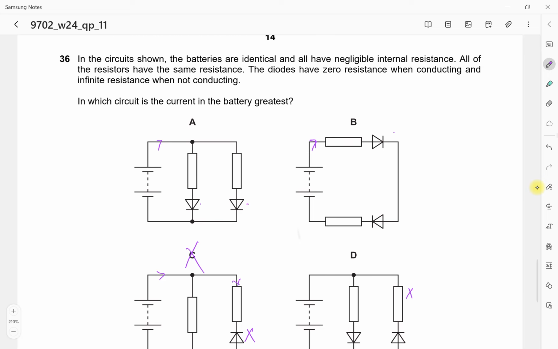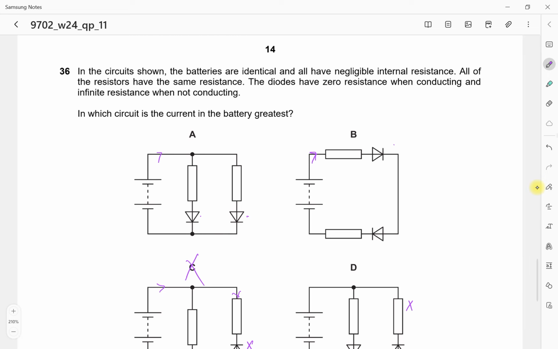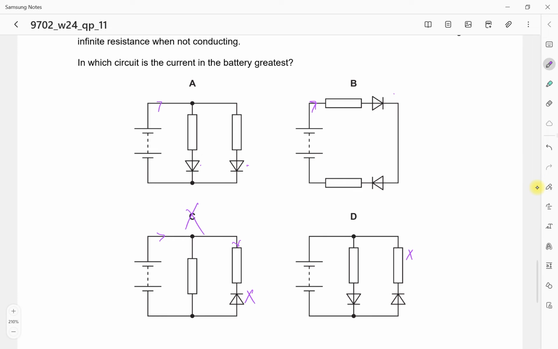The diodes have zero resistance when conducting and infinite resistance when not conducting. So here, when the diode is not conducting, the resistance is equal to infinity, and it is zero when it is conducting.